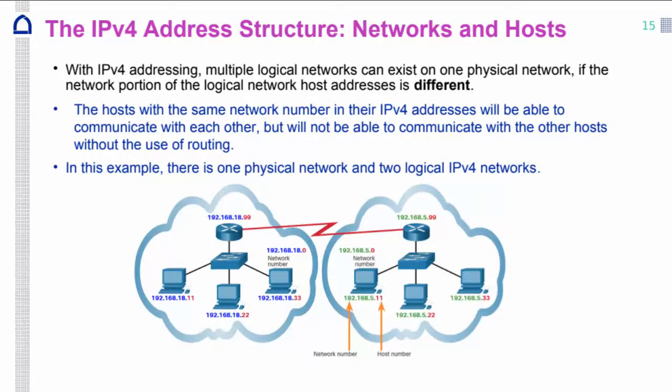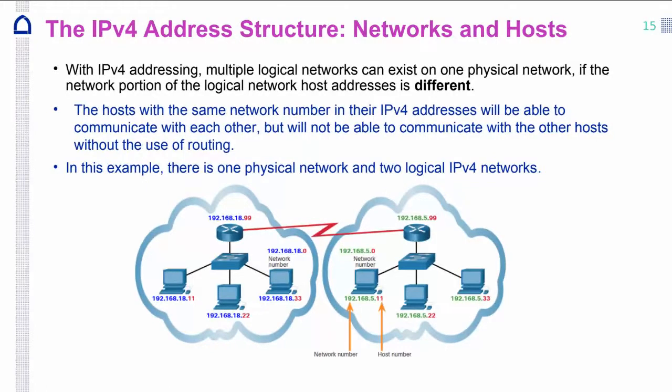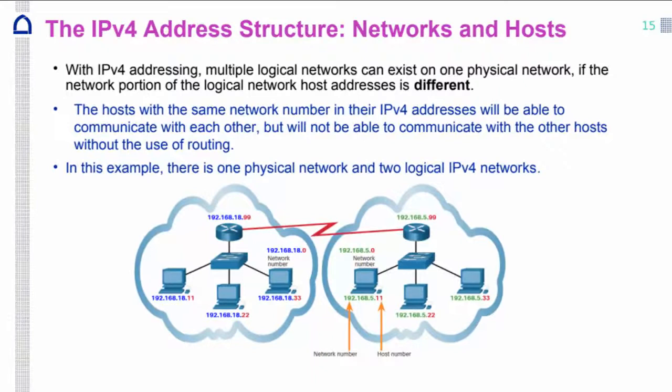If the network portion of the logical network host address is different, the hosts with the same network number in their IP version 4 address will be able to communicate with each other, but will not be able to communicate with other hosts without the use of routing. Okay? So hosts with the same network number can communicate with each other if they belong to the same LAN. If they want to communicate with the other LAN, they have to go through the router.